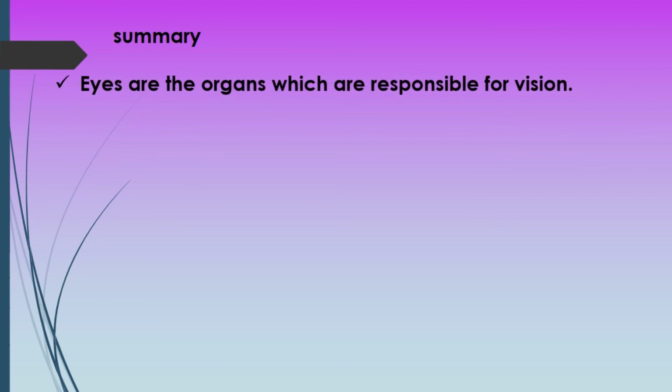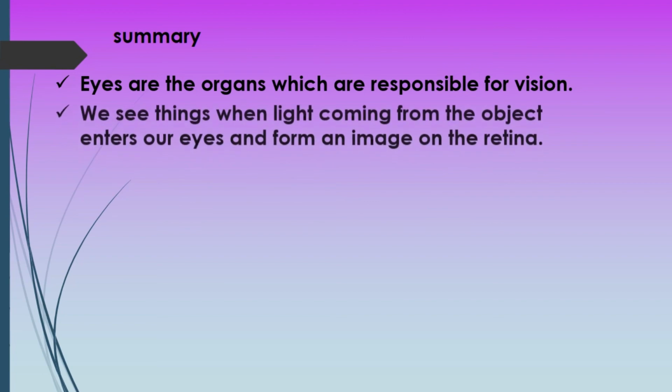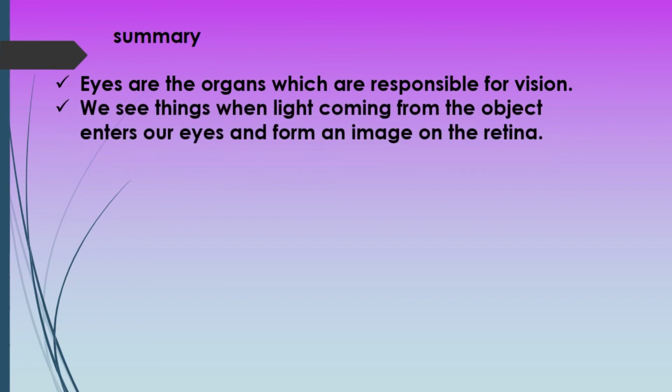Let's summarize the points that we learned in this session. Eyes are the organs which are responsible for vision. We see things when light coming from the object enters our eyes and forms an image on the retina.